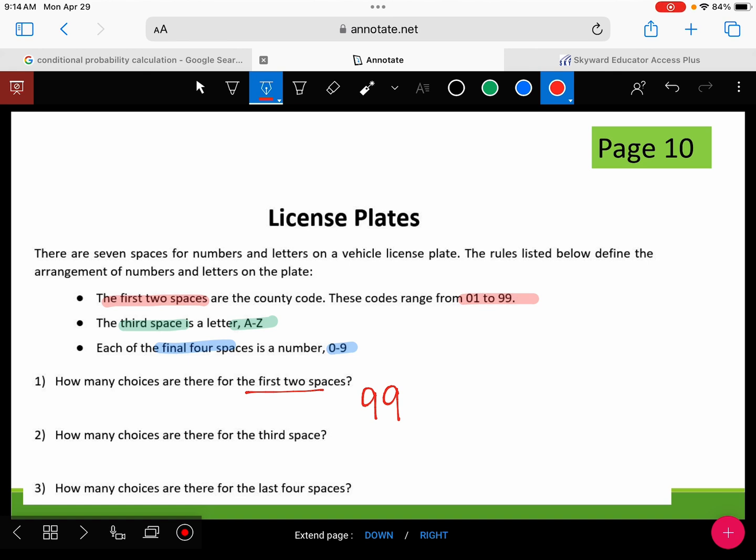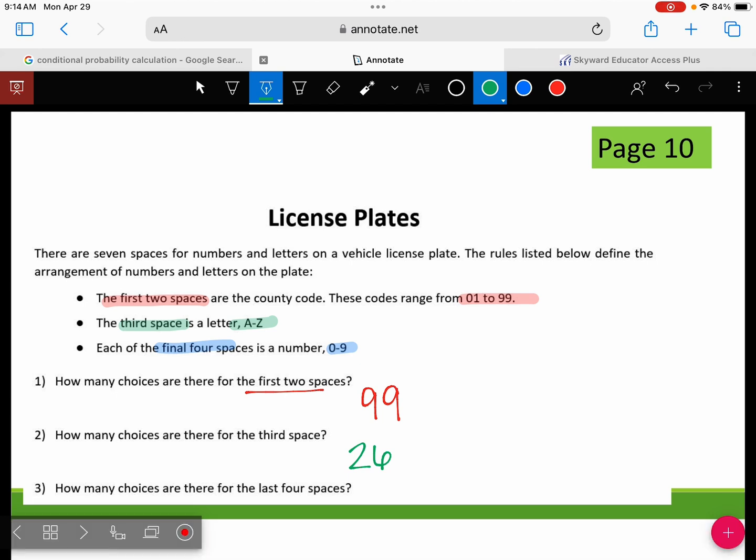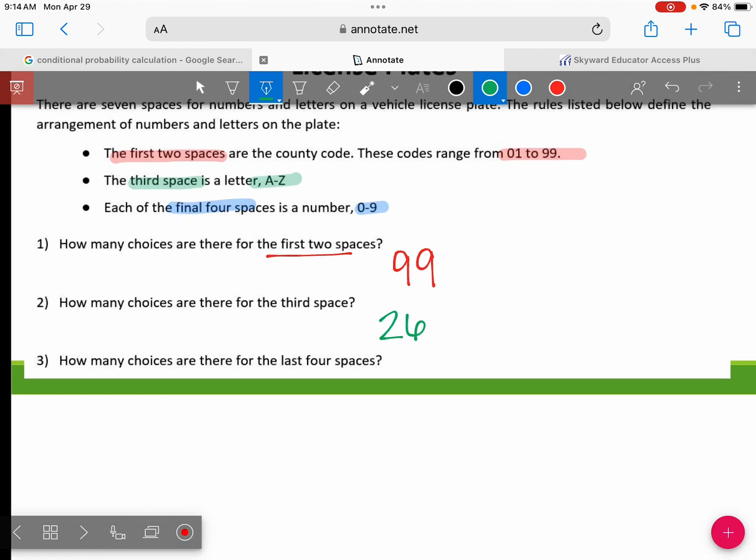Does anyone know how many letters are in the alphabet, if you were to count from A to Z? 26. So that means that for the third space, there's 26 different choices because there are 26 letters in the alphabet.